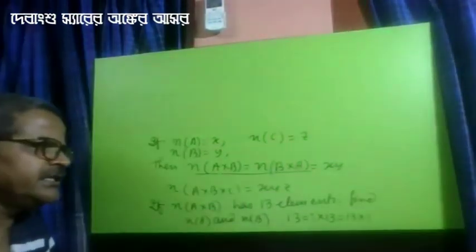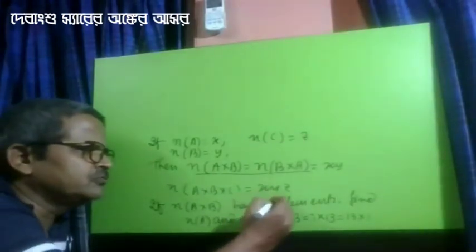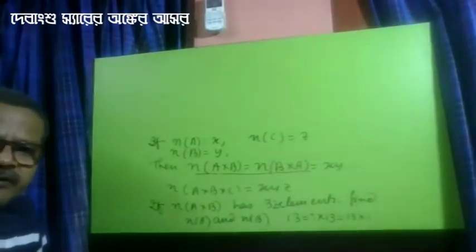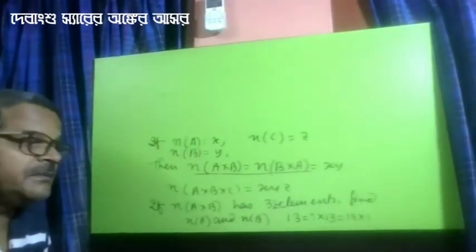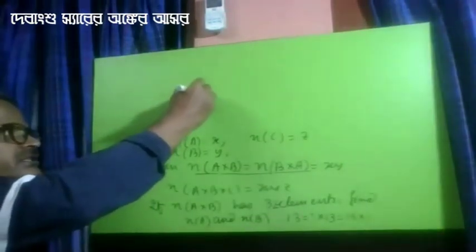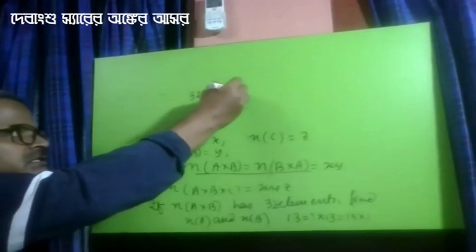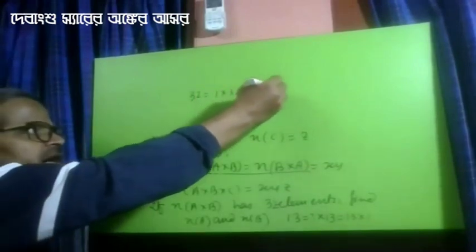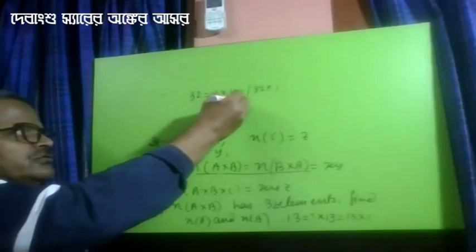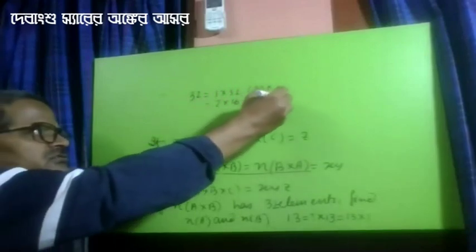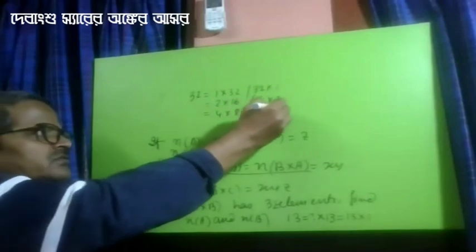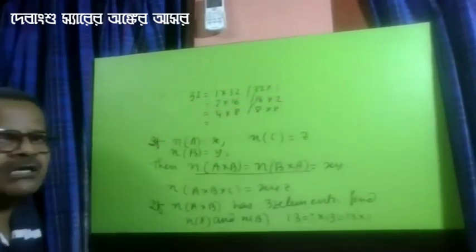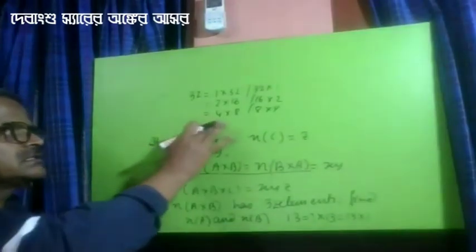Instead of 13, if you are given 32, then you are in a great problem. What are the problems? 32 can be written as 1 into 32 or 32 into 1, or 2 into 16 or 16 into 2, or 4 into 8 or 8 into 4. No more results.